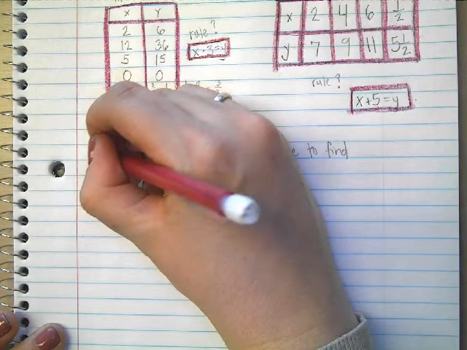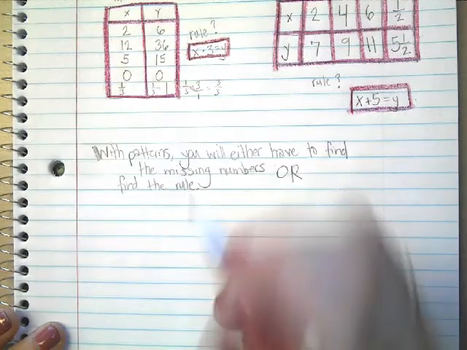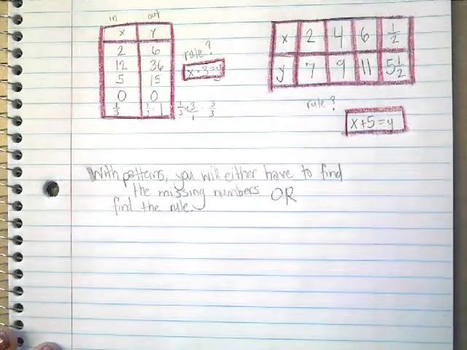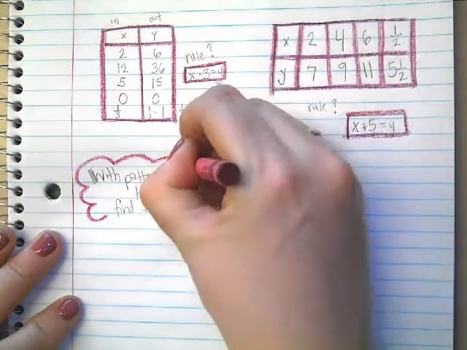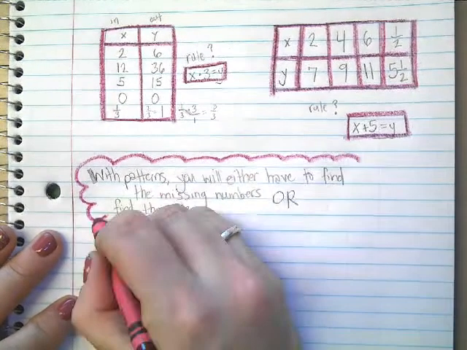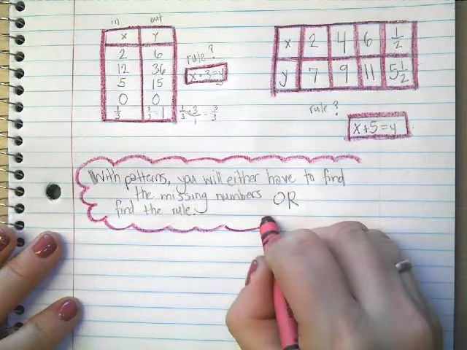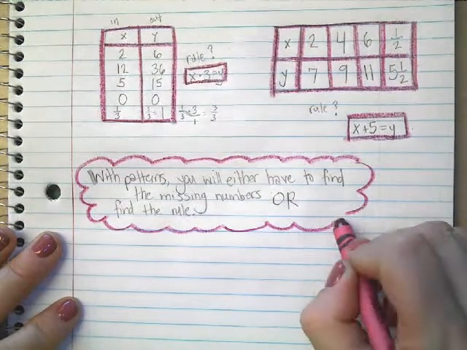So they're either going to tell you the rule and you have to find missing numbers, or, like Ms. Fisher just practiced with you, they're going to give you a bunch of numbers and you have to find the rule.